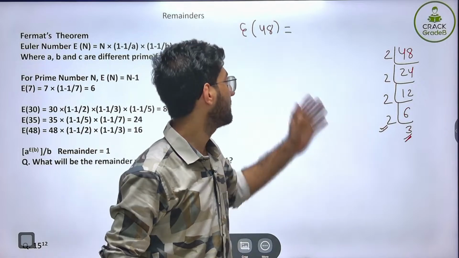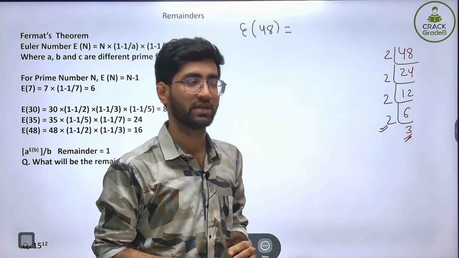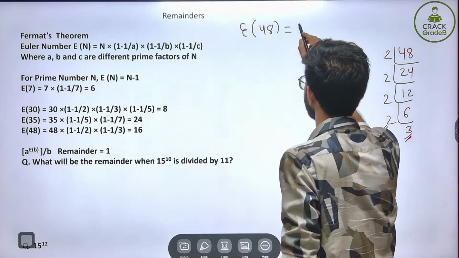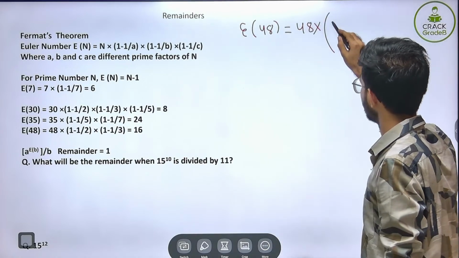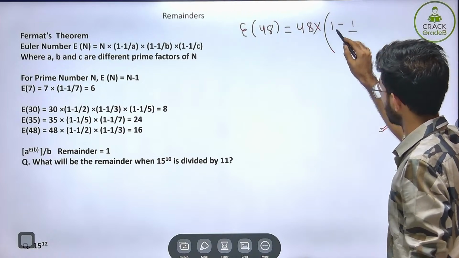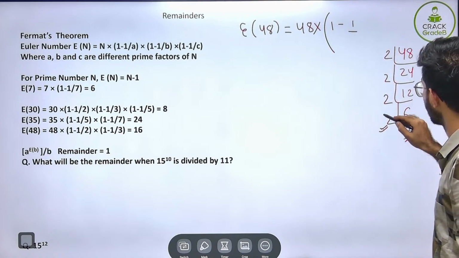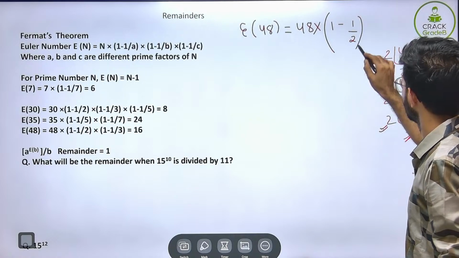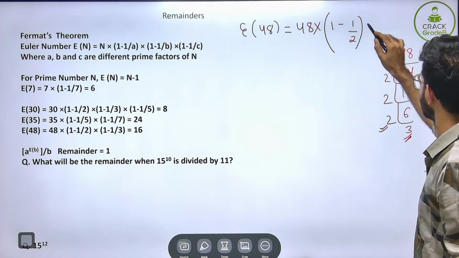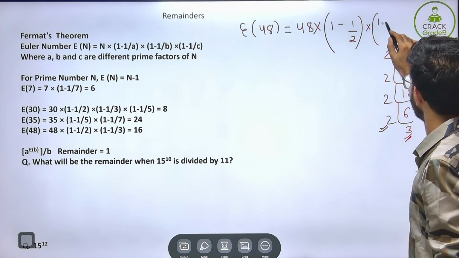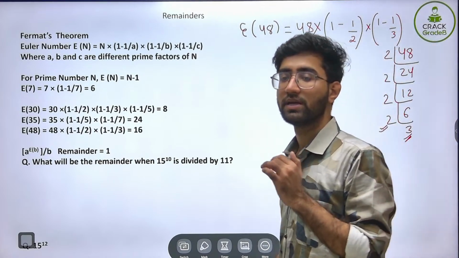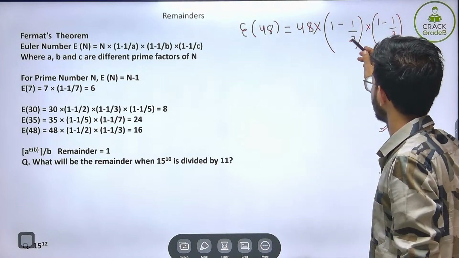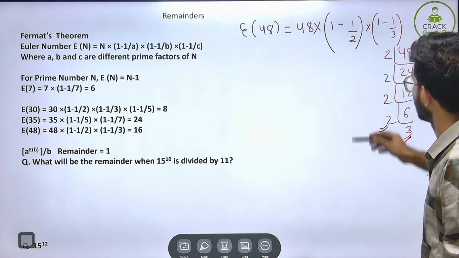So to find the Euler number of 48, what will we do? We will write 48 into 1 minus 1 by 2 into 1 minus 1 by 3.